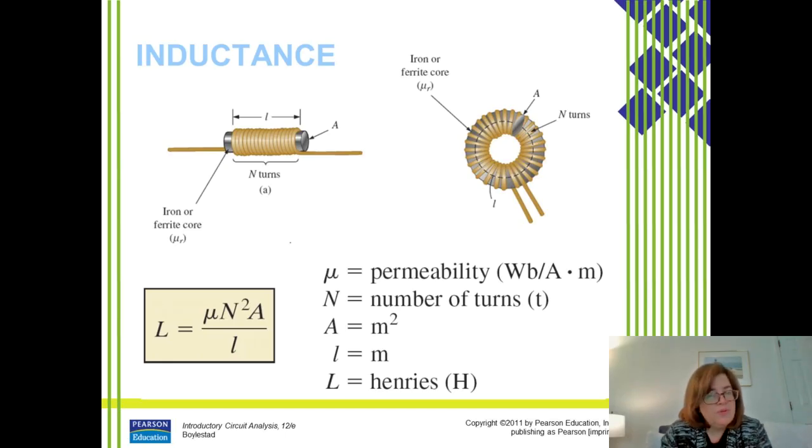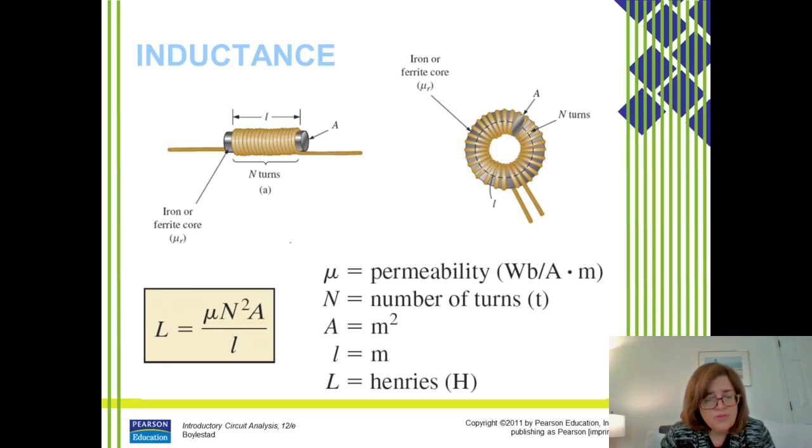There's not really a table to look at either to determine the permeability relative to that of air. As it turns out, the permeability of a material actually depends upon not only the material characteristics, but also the current that we're applying. So I'll show you later how to determine that, but for now, I'll just give you the permeability that you'll need.